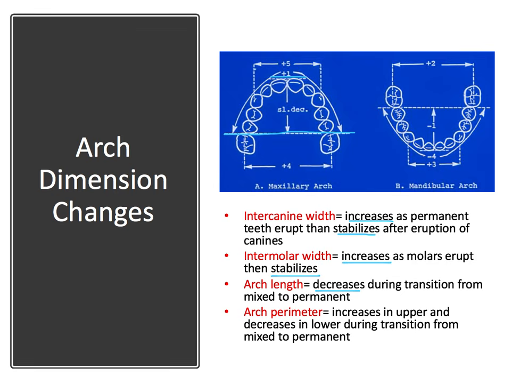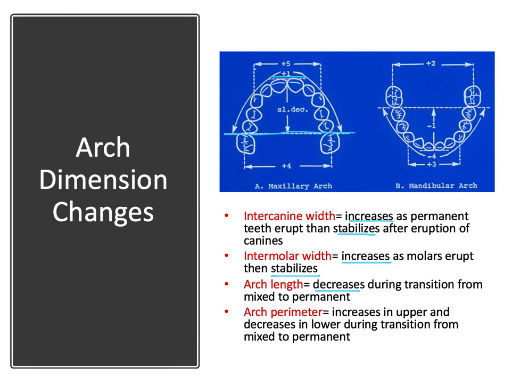And finally, arch perimeter, sometimes also called arch circumference. This is measured using that same mesial tangent line, and it's measured from the mesial of the first molar around the curve of the arch to the mesial of the contralateral first permanent molar. This one's a little bit different.